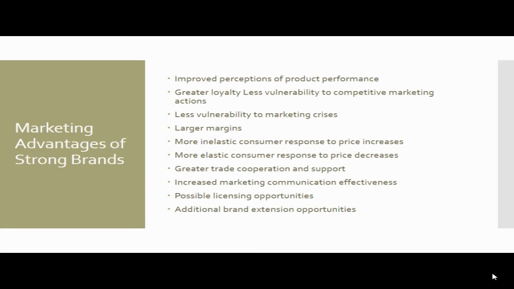Formally, we define customer-based brand equity as the differential effect that brand knowledge has on consumer response to the marketing of the brand. A brand has positive customer-based brand equity when consumers react more favorably to a product and the way it is marketed when the brand is identified than when it is not.